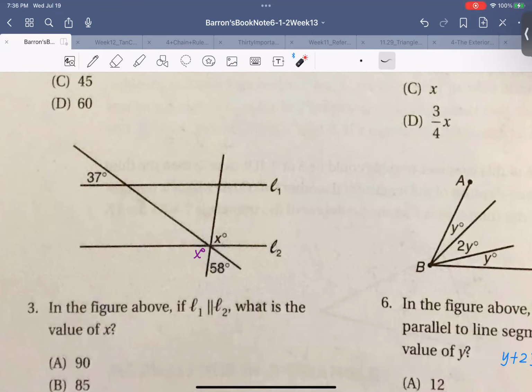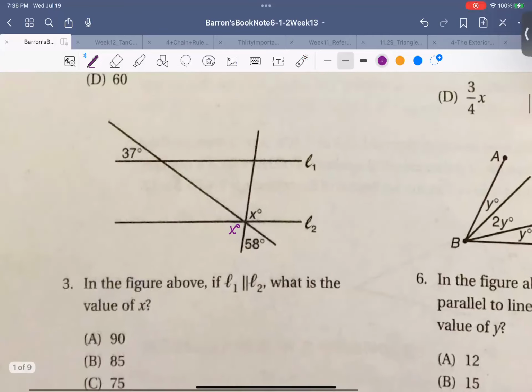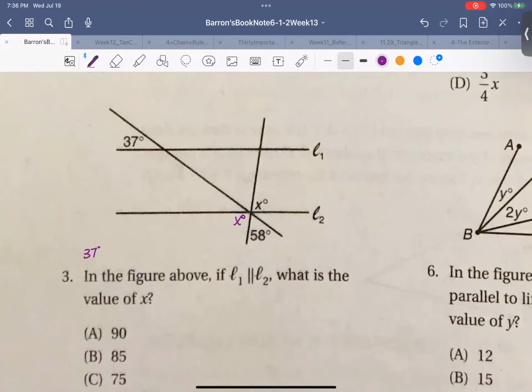So 37 is equal to the third angle. Look. These two lines are parallel. These two are called corresponding angles, right? Yeah. So this is also 37, right?